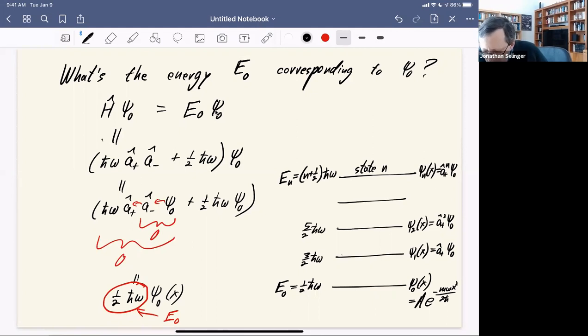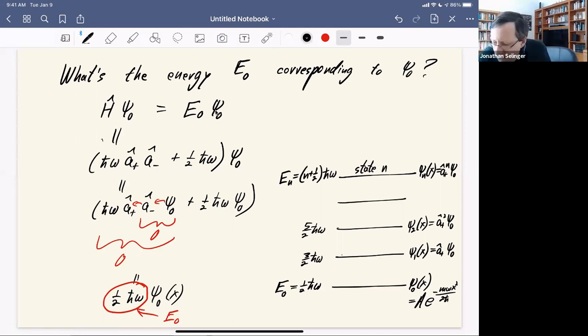And that can keep going up for higher and higher n's. So this, formally speaking, is a solution for what are the stationary states and the corresponding energies.